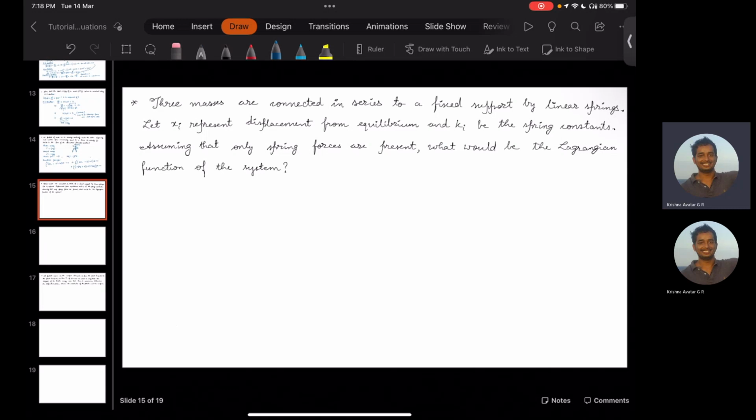So what we do is let's first construct the component energies of the system. Or before that, let me draw the schematic of the problem that will help us to easily formulate our mathematical expression for the component energies. So we have three masses connected in series to a fixed support by linear springs, right?